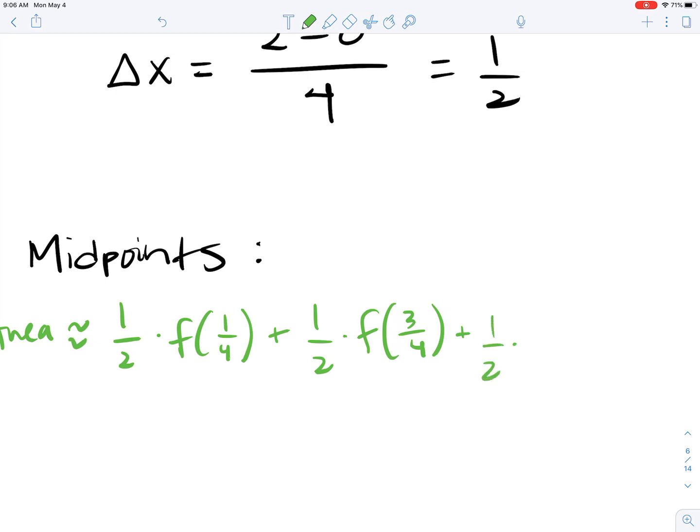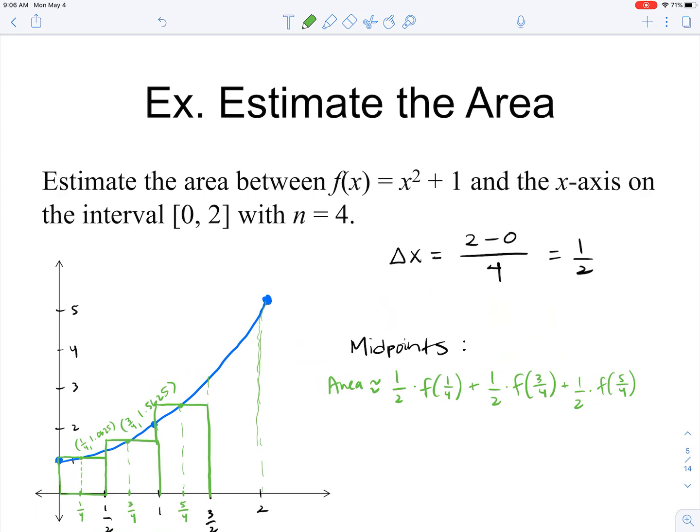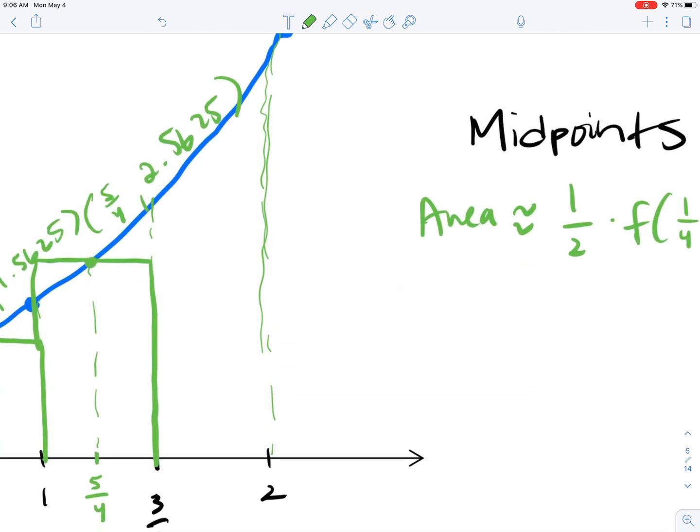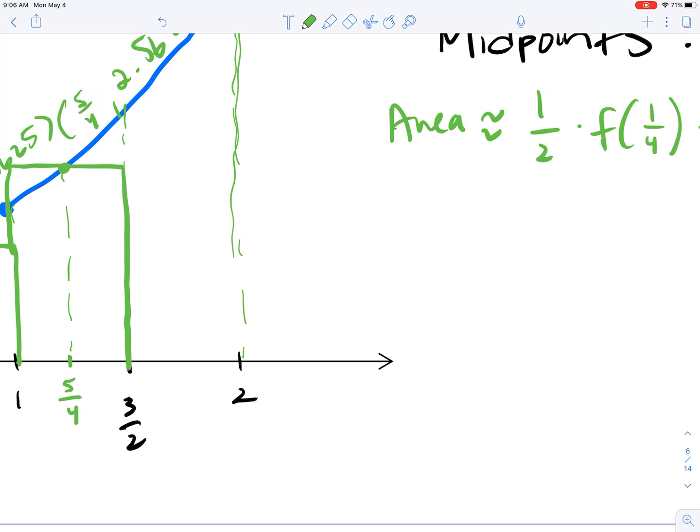So f of 5/4 will be the height of our third rectangle. And when I plug 5/4 into my function, I get 2.5625.